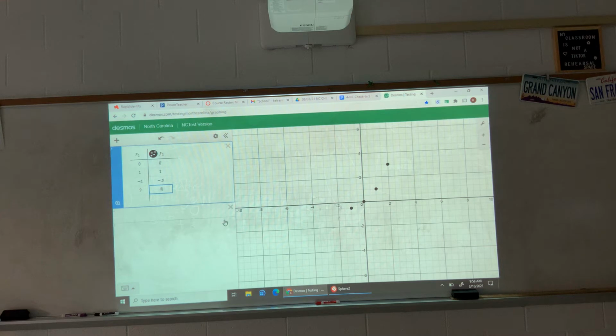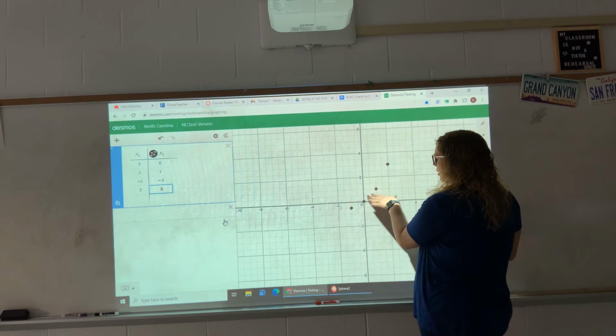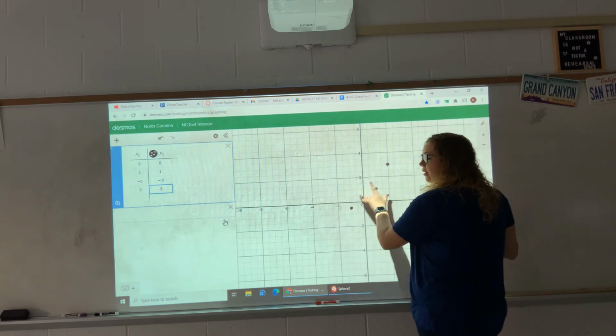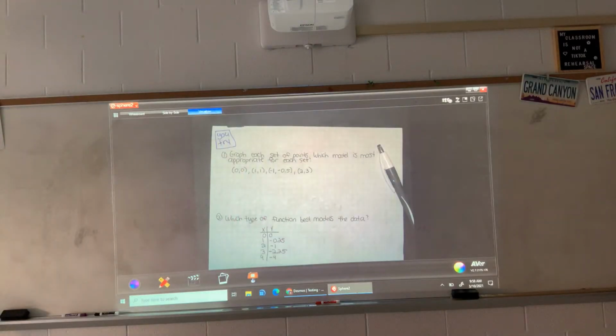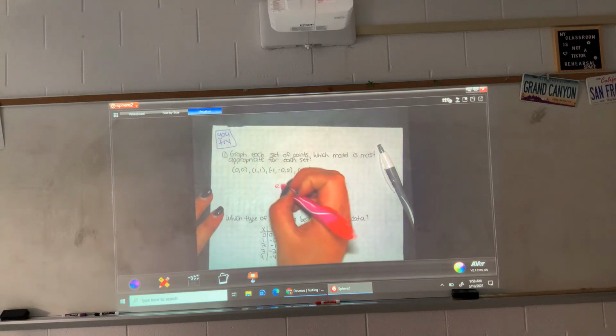Okay, so looking at this graph, what kind of graph do you think this is going to be? It has a curve to it. It's going to be exponential. So that is the answer to number 1. The exponential model is the best.